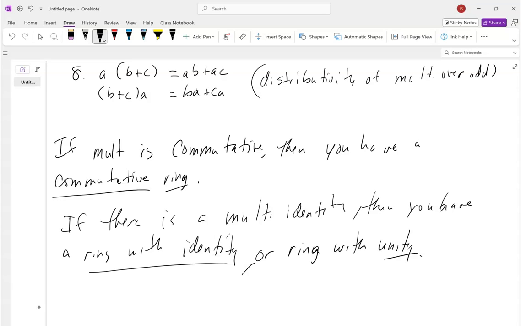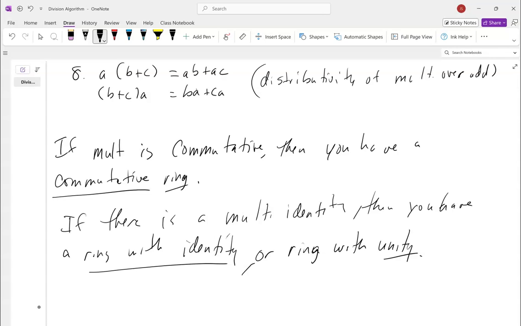So to give you an example, if you took the set of even integers, just all the evens, if I add two evens together, I get an even.